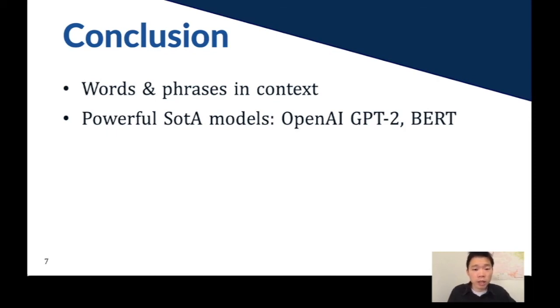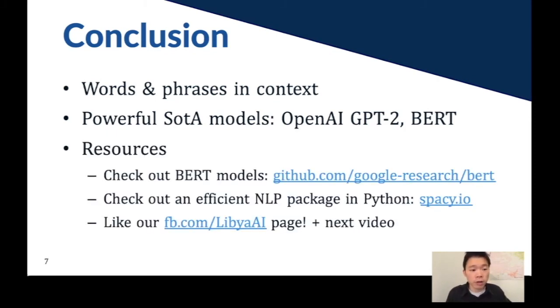OpenAI GPT-2 and BERT are very good models. As for resources, you can check out the BERT models; I have the link here. If you want an efficient NLP package in Python, last time I mentioned NLTK, which is great for education. SpaCy is another good option.